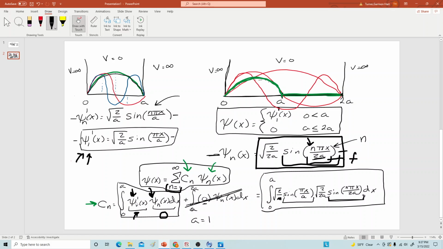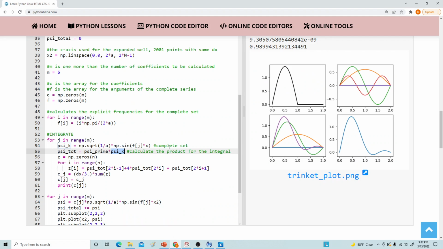Okay? So this line of code is taking your original function, multiplying it by the indexed complete set, and this is what we're actually going to use in our integral. So z is going to be what we get, placeholder for calculation in Simpson's rule.